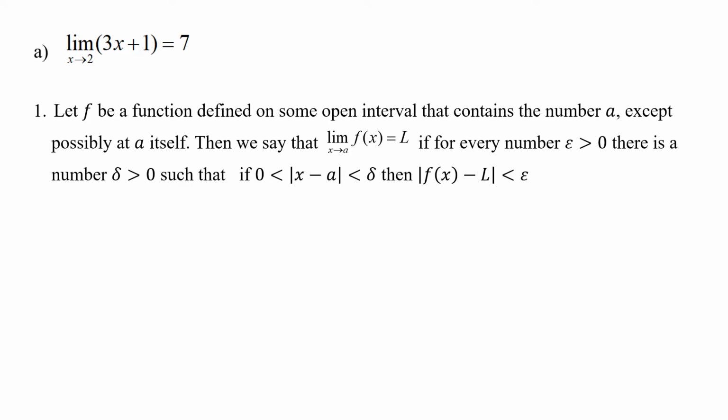Then we say that the limit as x approaches a of f of x is equal to L, if for every number epsilon greater than 0, there's a number delta greater than 0, such that if 0 is less than the absolute value of x minus a is less than delta, then the absolute value of the quantity f of x minus L is less than epsilon. And we'll be using this piece here to help us create this proof.